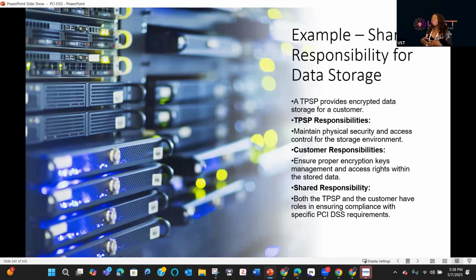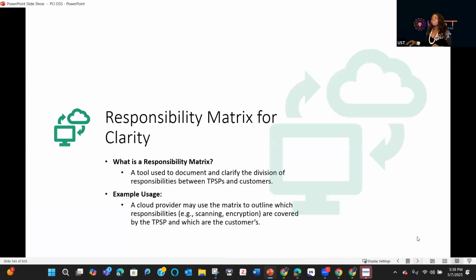Because now that I'm talking about encryption keys, you already know what I'm talking about, right? But what of the shared responsibility? Both the third-party service provider and the customer have roles in ensuring compliance with specific PCI DSS requirements, right?